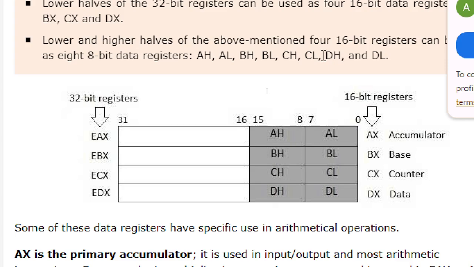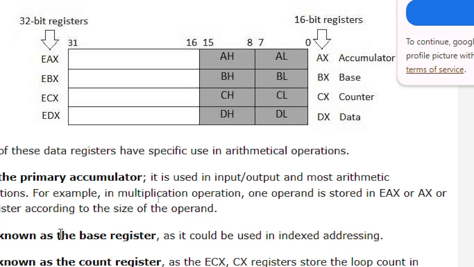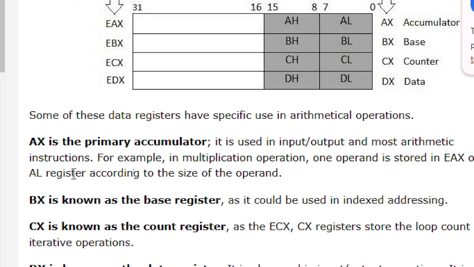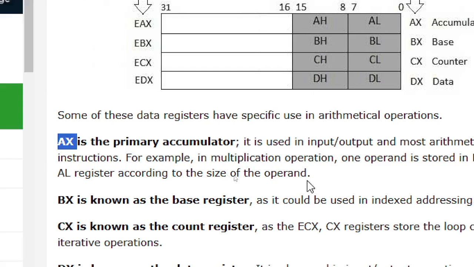To understand this, AX is the accumulator, and read what the primary use of the accumulator is: used for input and output and arithmetic instructions. The return value of a function is accepted by the accumulator. If somebody is calling a function on the stack, the return value is in AX.